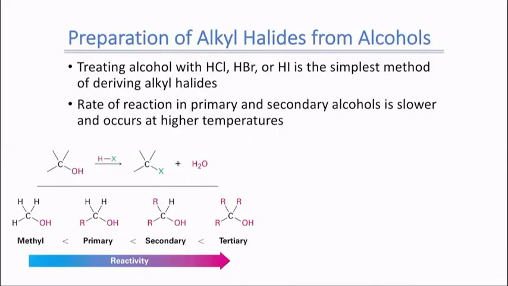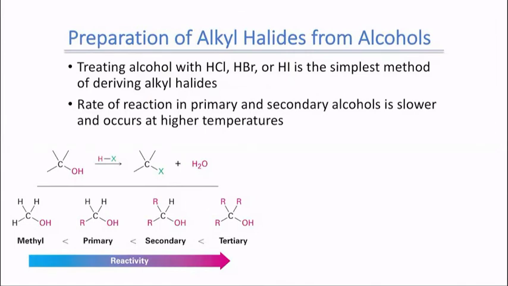So now let's look at a new way of preparing our halogens. One other way to prepare an alkyl halide is to prepare it from an alcohol. So with our alcohols, if I treat them with HCl, HBr, or HI, I can get an alkyl halide.